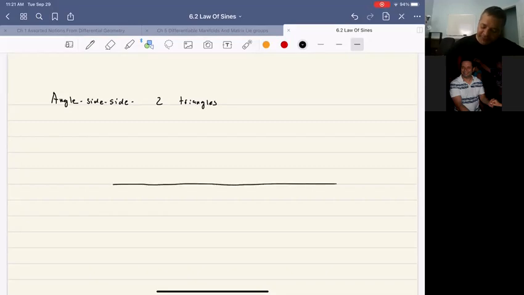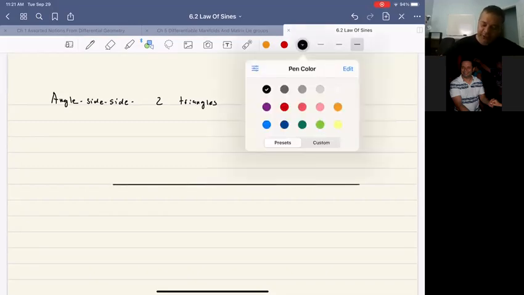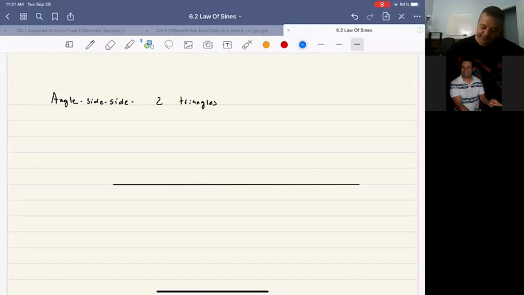So let's make this our as yet unknown side. I'm going to put, again, my side here. Now, this is angle A, or this is my angle theta, let's say. This is my adjacent.